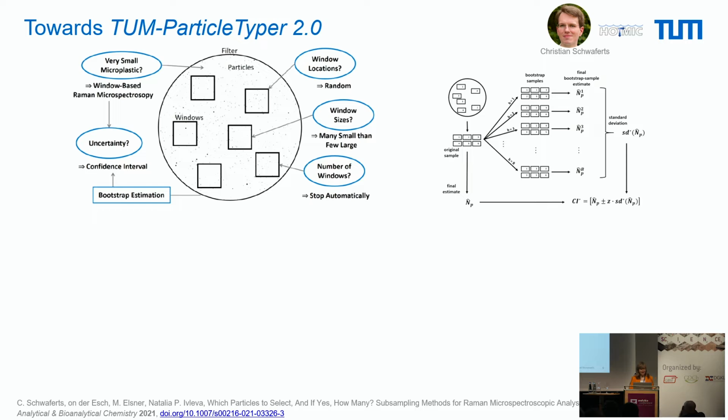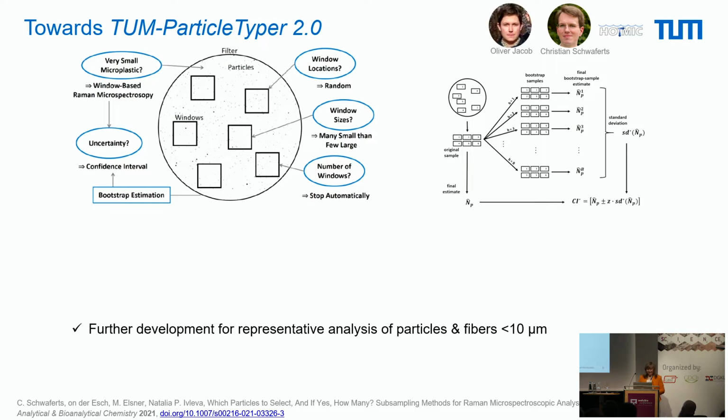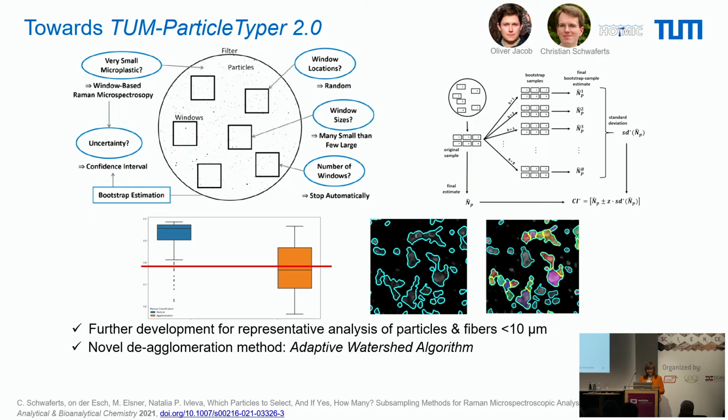So it will be part of our TUM-ParticleTyper 2, which is now in preparation for publication. It should help us to analyze particles smaller than 10 micrometers. In this new software, we also plan to improve the agglomeration procedure, but it's always the question whether a particle like this is one particle or an agglomerate.